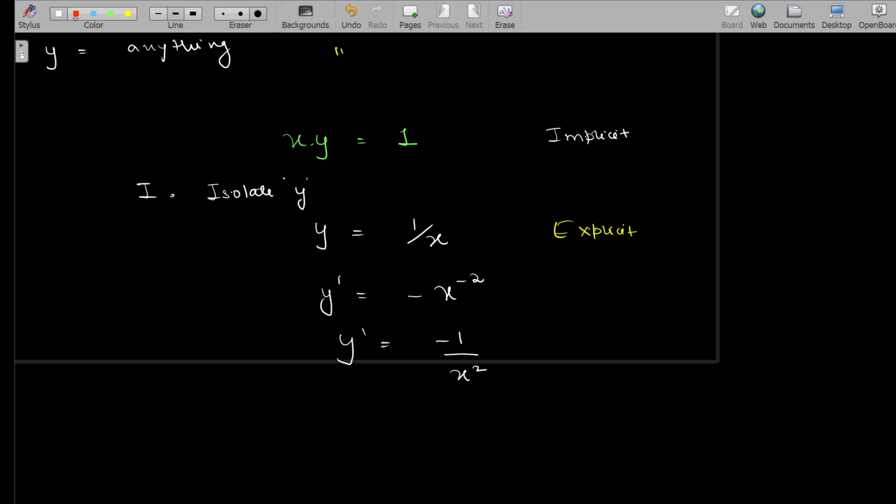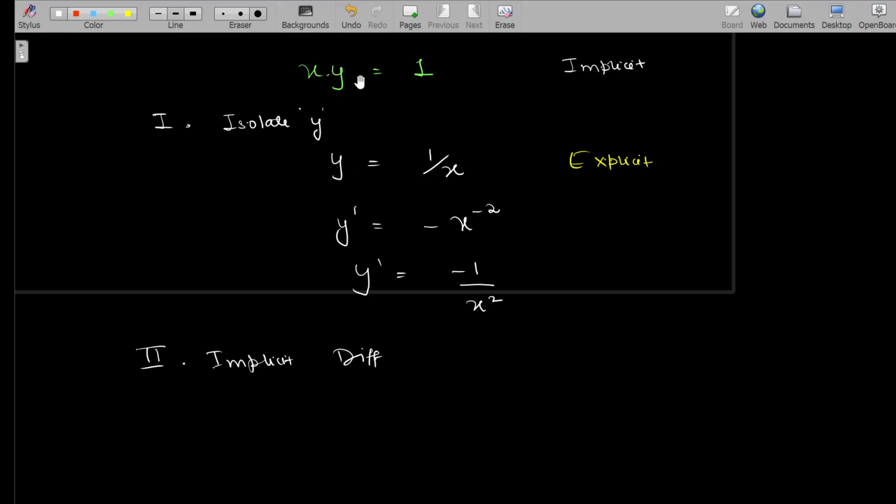So the second method is the method of implicit differentiation. In implicit differentiation, you keep the function as it is. So you just keep whatever you have, x times y is equal to 1. And now we will differentiate it implicitly, and it's very easy.